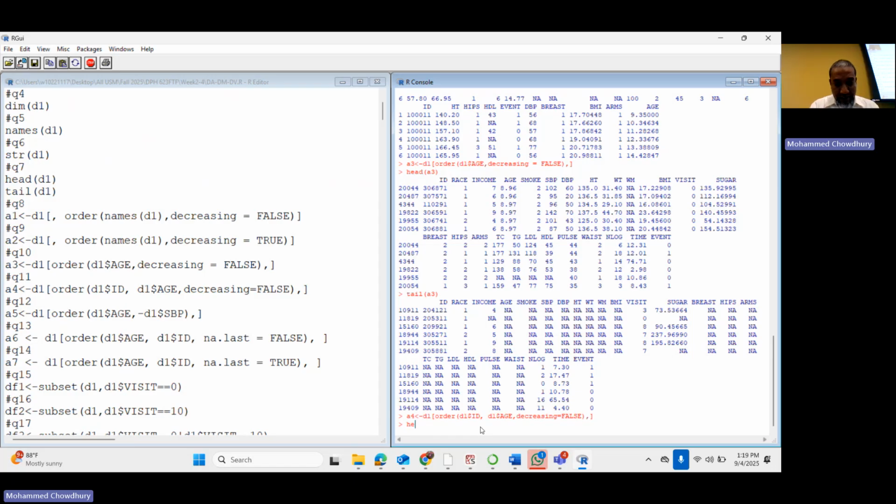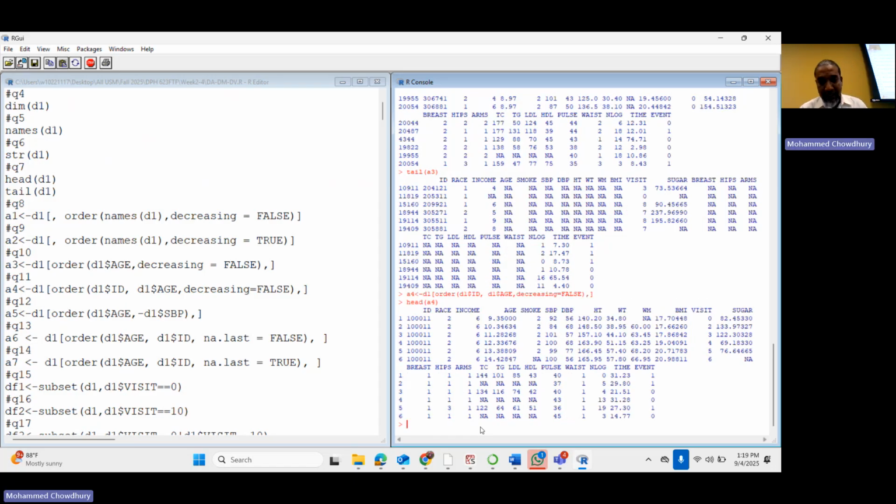So if I write here head A4, take a look at that. Here ID 100011, and it is ID coming first. This is the smallest ID, all the smallest IDs, and then by their age. So these are the same persons because the ID is the same.